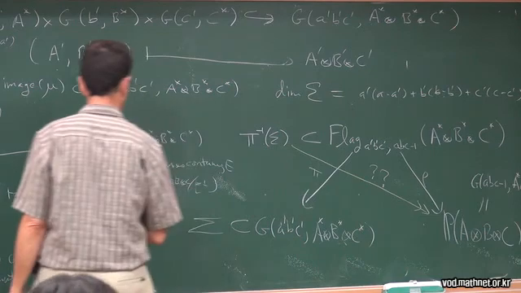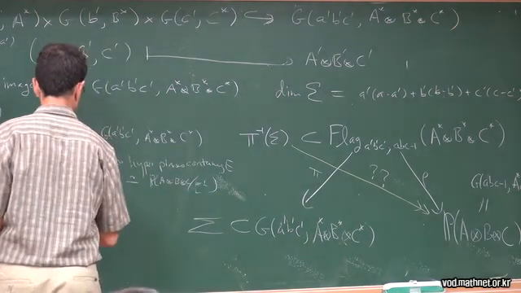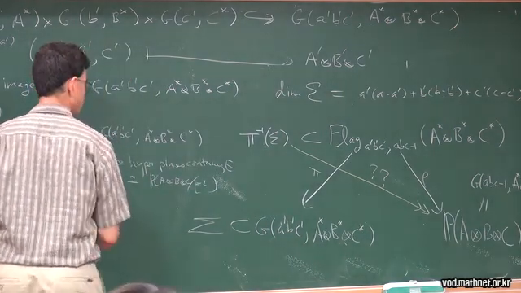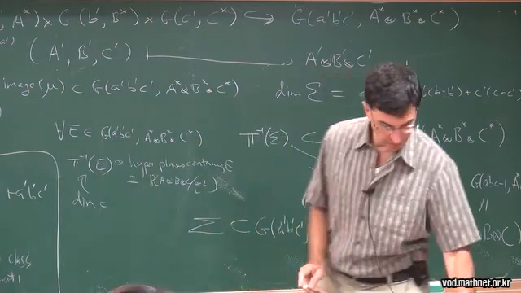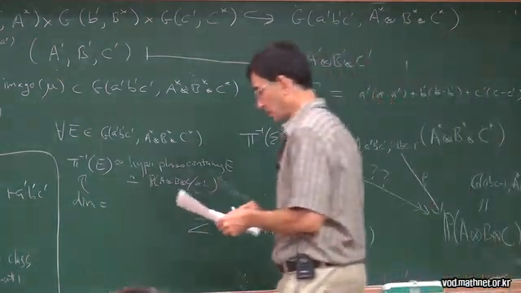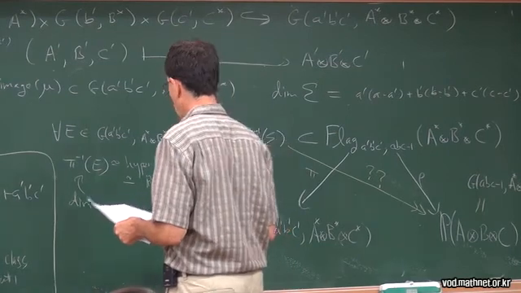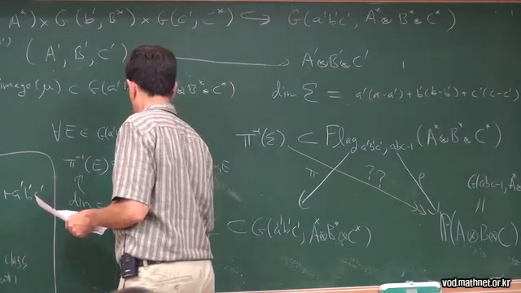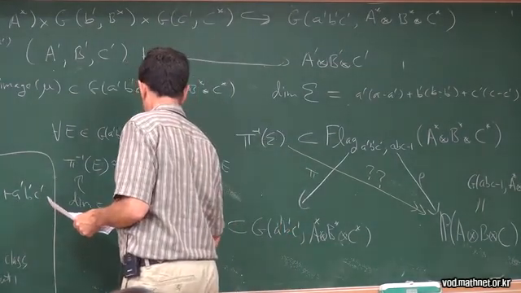So particularly the dimension should be ABC minus A'B'C' minus 1.